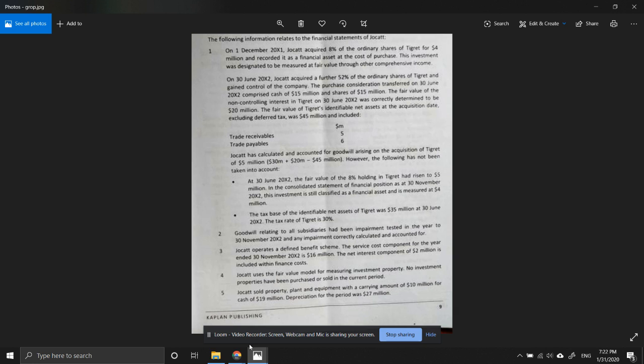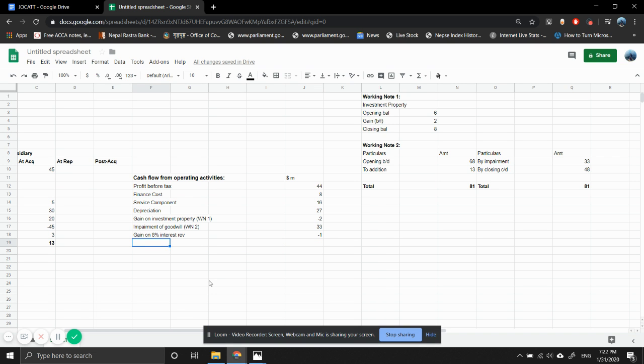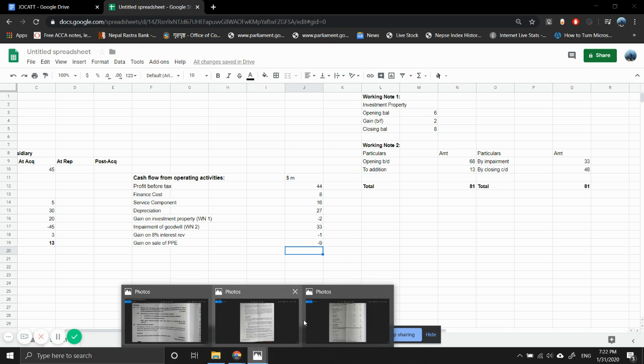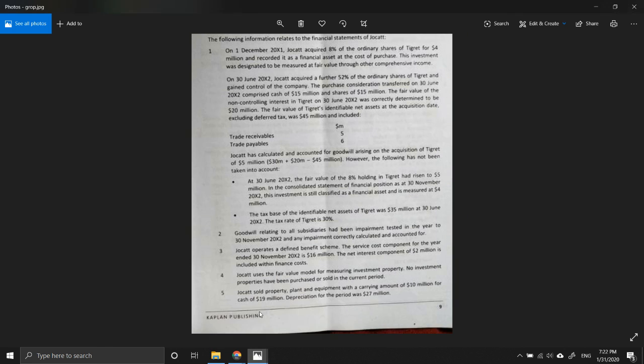So there has been a gain of 9 million, right? So that should be reduced as well. Gain on sale of PP is 19 minus 10. So minus 19 plus 10, okay? It should be -9. Right, anything else that we are missing? I think we've completed everything.